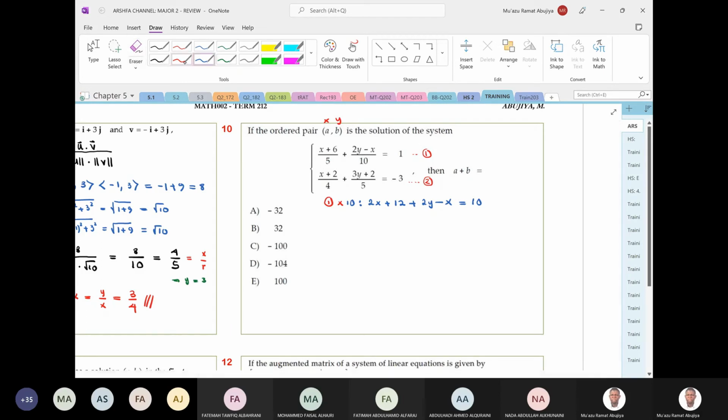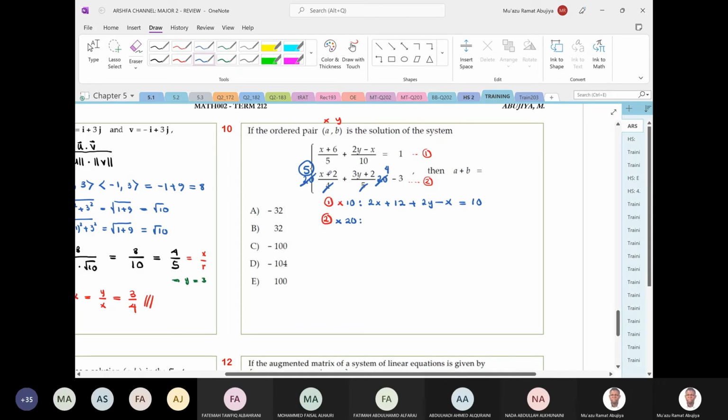Equation number 1 completed. Now let's go to equation number 2. The LCD here is going to be 20. So let us multiply by 20. If I multiply this one by 20, this we cancel, we are left with 5. And then by 20 here, this we cancel, you are left with 4.